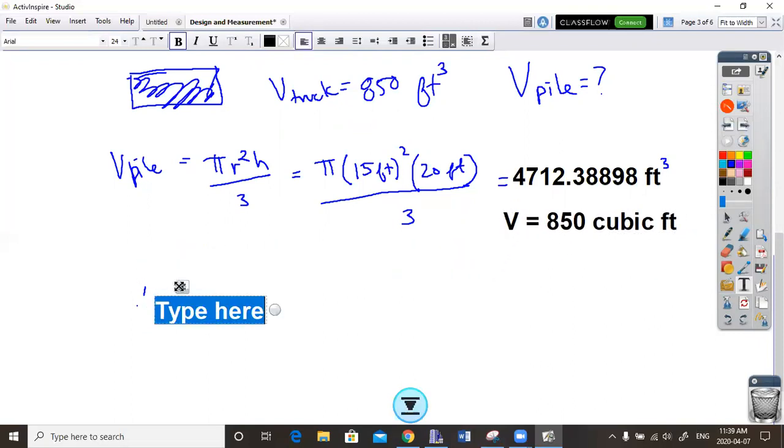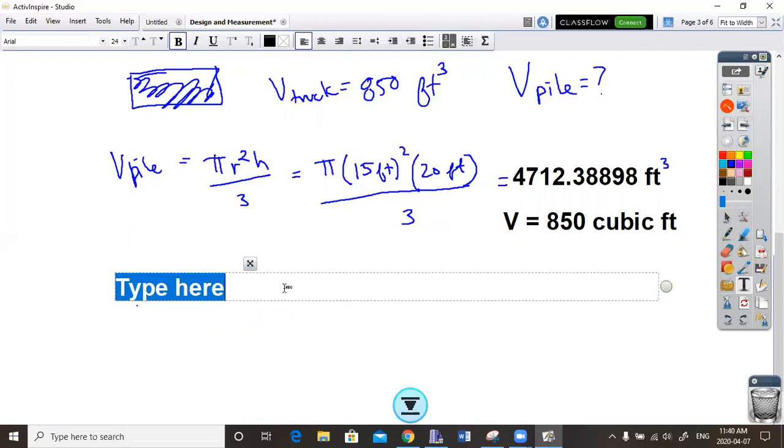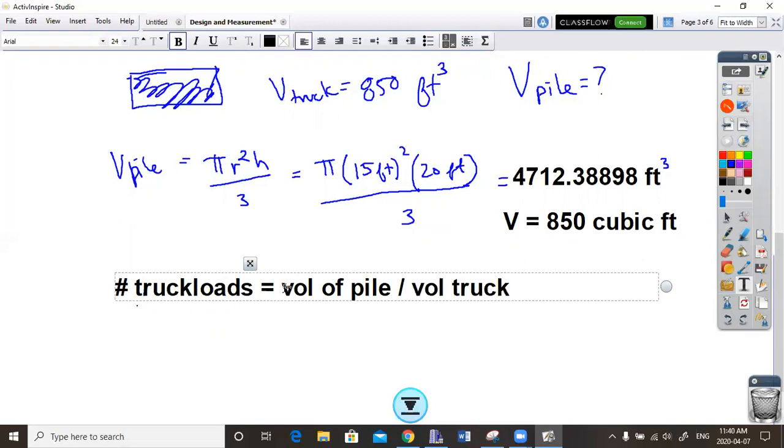Now, the volume of the truck is 850 cubic feet. To get the number of truckloads, it will equal the volume of the pile divided by the volume of the truck box.